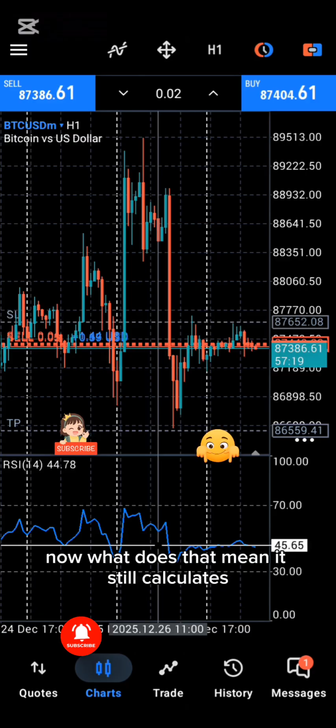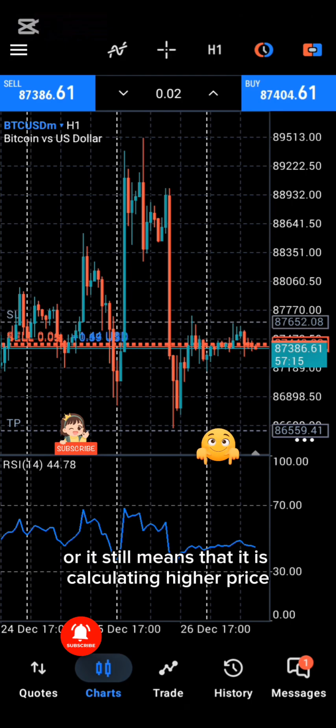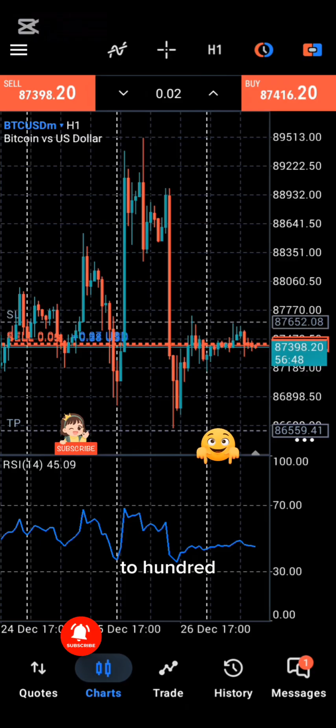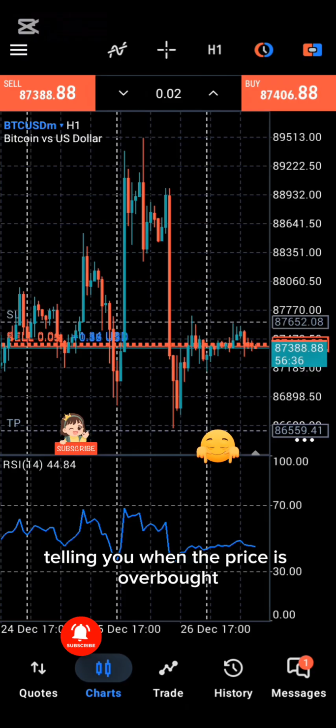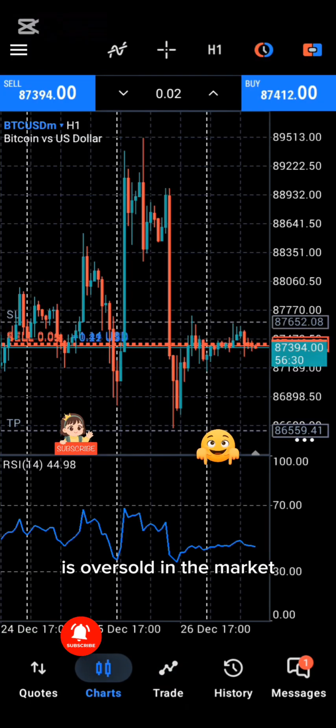It still means that it is calculating higher price from 100 to 0 and lower price from 0 to 100, telling you when the price is overbought and when the price is oversold in the market.